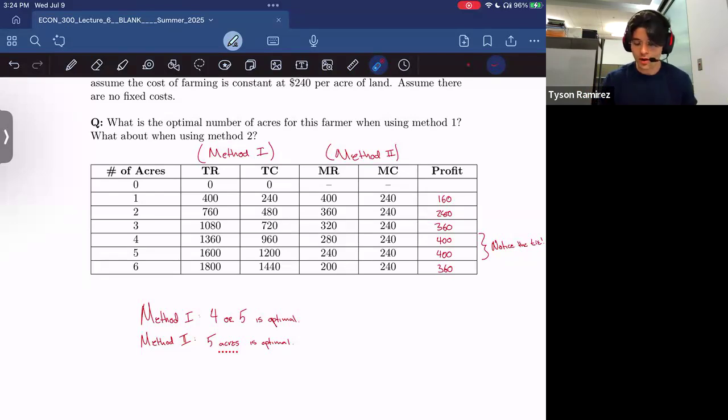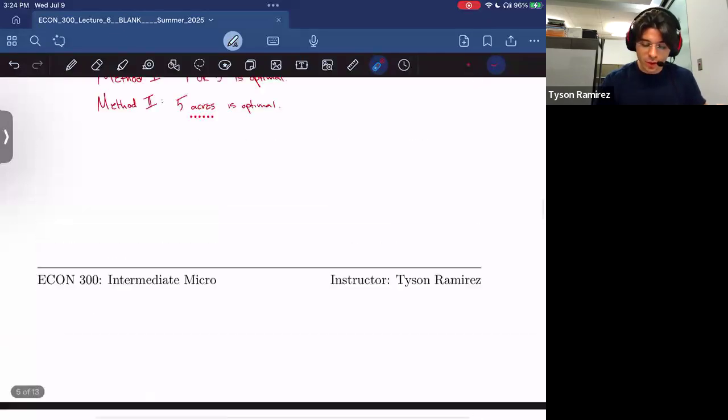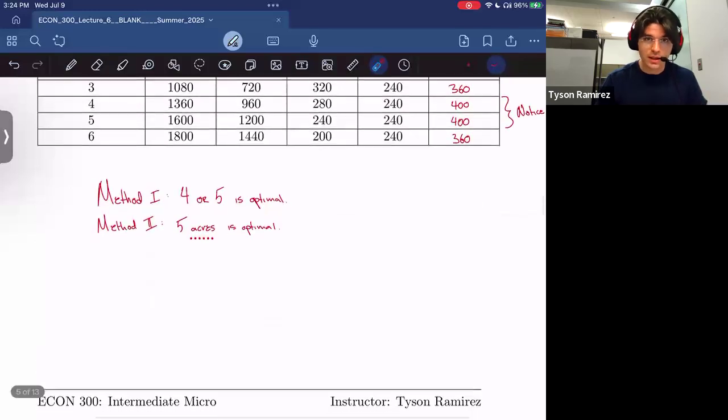So although the market share doesn't immediately enter our profit function, this is valuable. If you're a business owner or if you're making business decisions, not even the owner, but just making business decisions, you want market share. You want more of your stuff to be in people's hands. And so that's just one reason why method two is preferred. Another reason why method two is preferred, we will see.